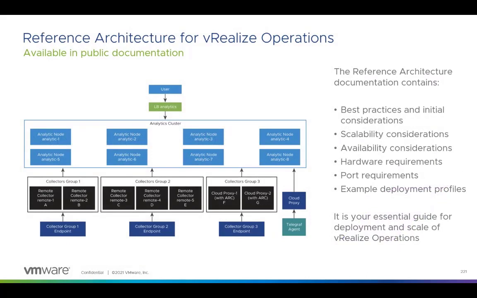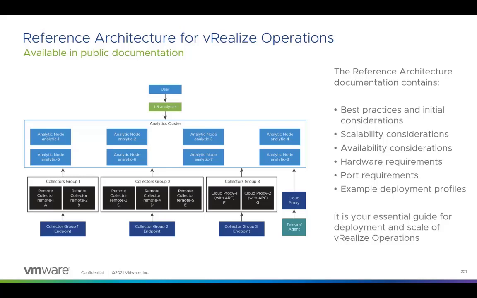Here's a diagram of the reference architecture for vRealize Operations. And again, this is for on-premises installations. This actually comes from a document in the public documentation set that you can easily find, and it's called the reference architecture. It contains a lot of helpful information about best practices, initial considerations.